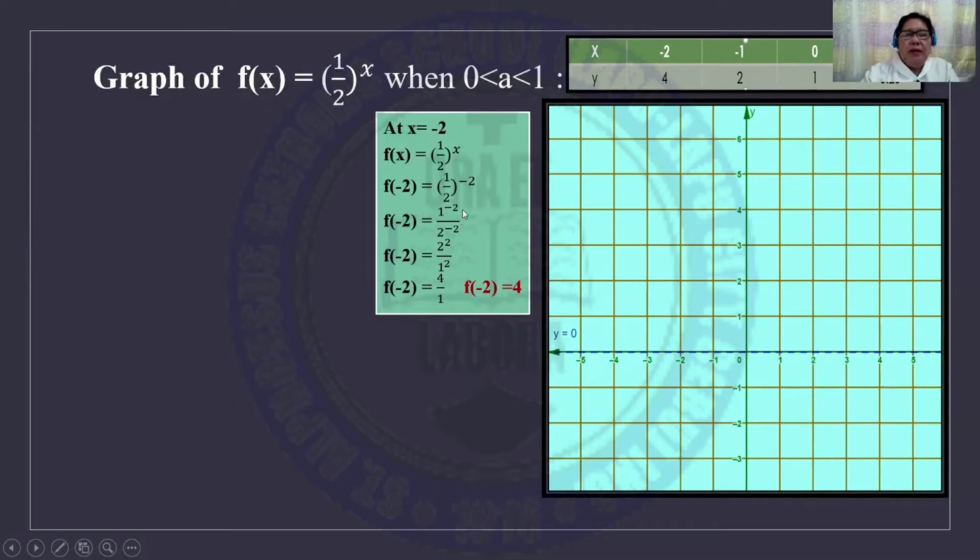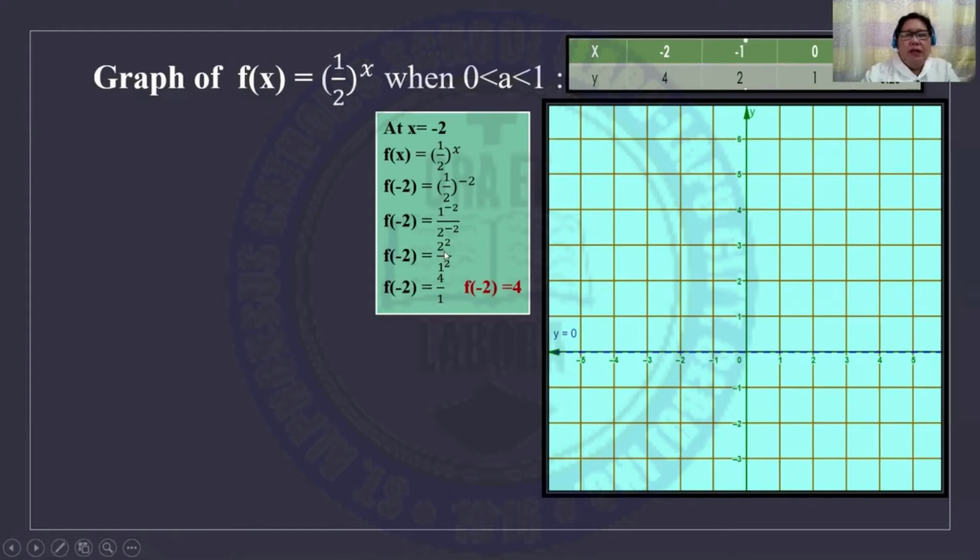And then simplify the negative exponents. You can interchange the position. The numerator will be placed at the denominator part, and the denominator will be placed at the numerator part, and then you change the sign of the exponent to its opposite sign.